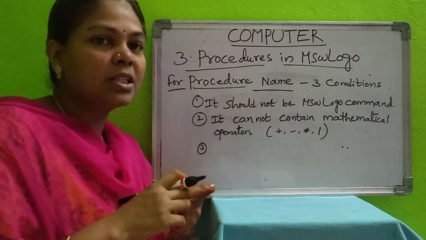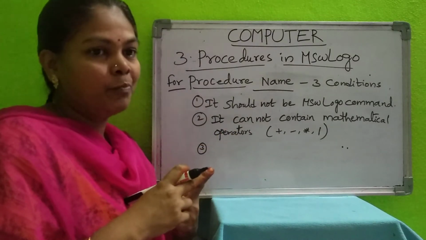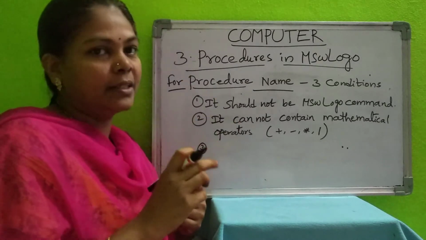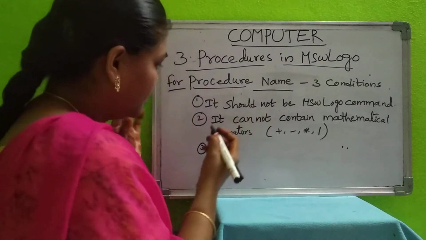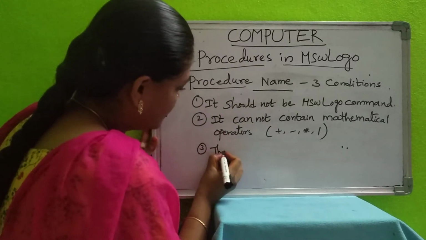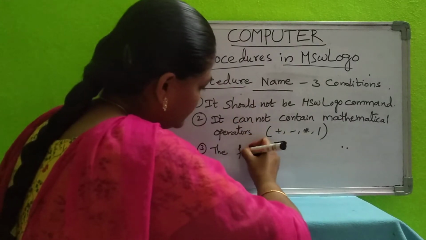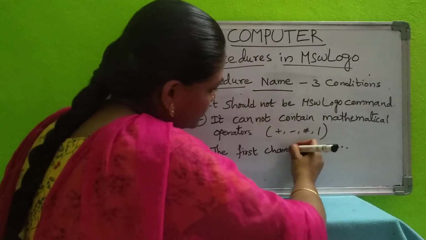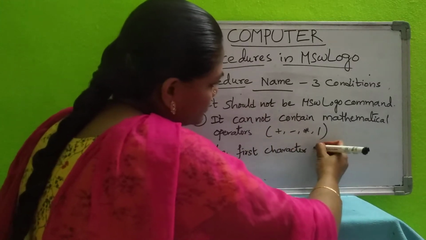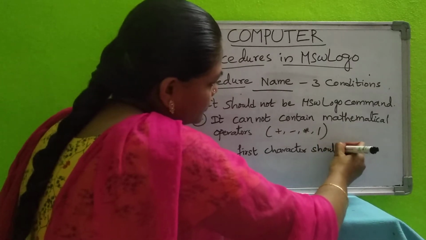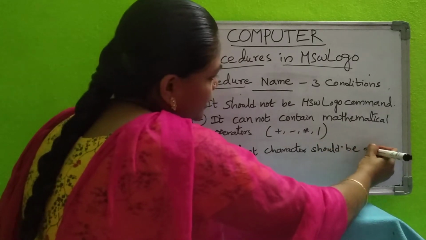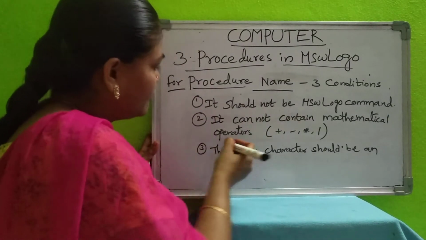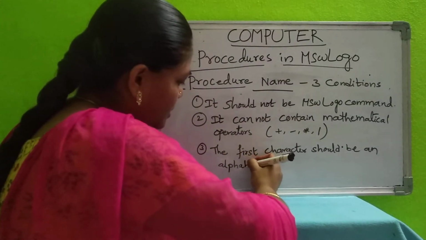And the first character should be a letter. The procedure's first character should be an alphabet. So these three are the conditions to be followed to give any procedure name.